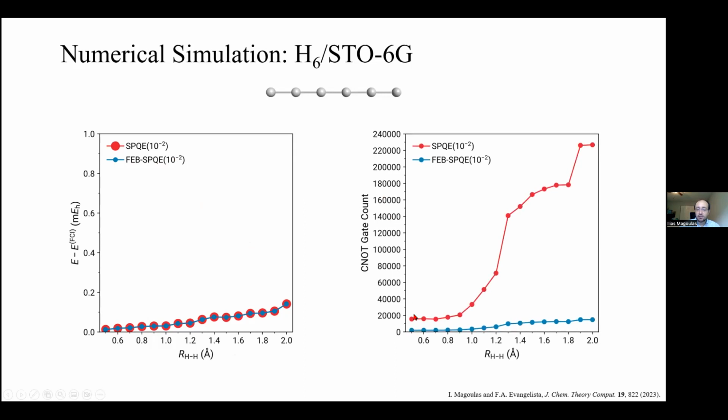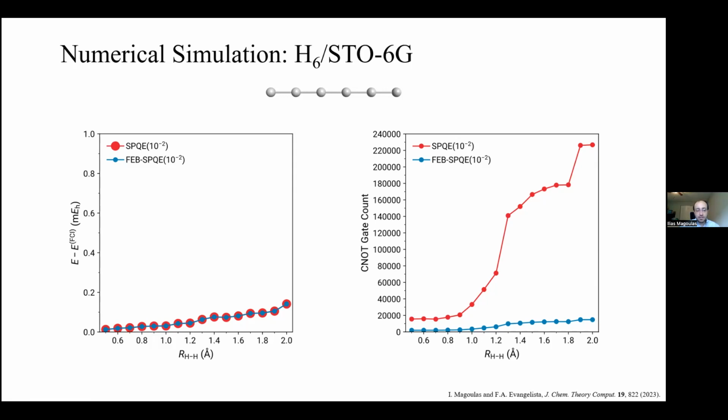However, by using our novel circuits, we were able to tremendously reduce the number of CNOTs. And it is impressive because as you approach the strong correlation regime, which goes from left to right, the reduction in the number of CNOTs is much more impressive. If we focus at the last point, which is the 2 angstrom geometry, we were able to reduce the number of CNOTs by a factor of 15, which is pretty good.